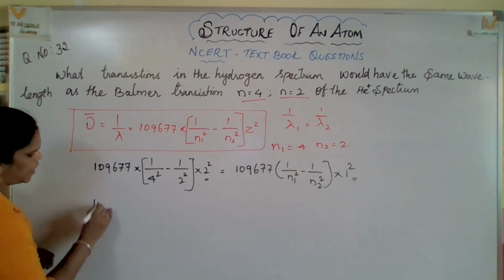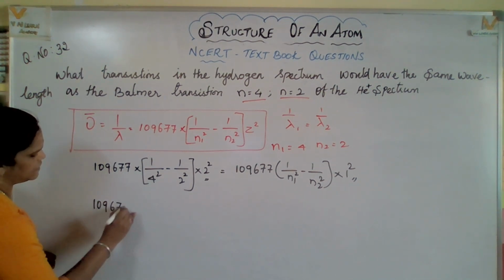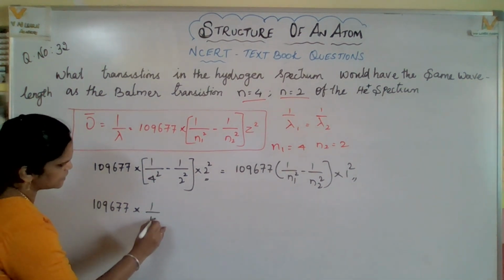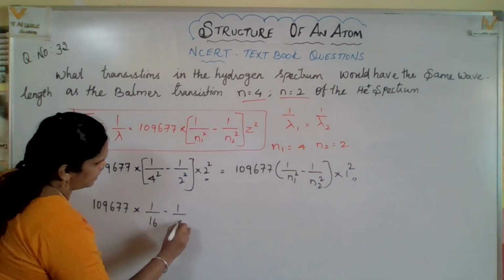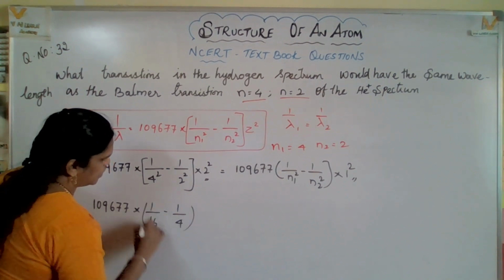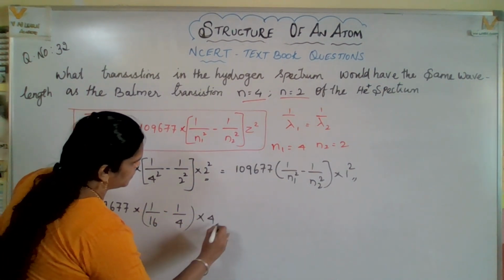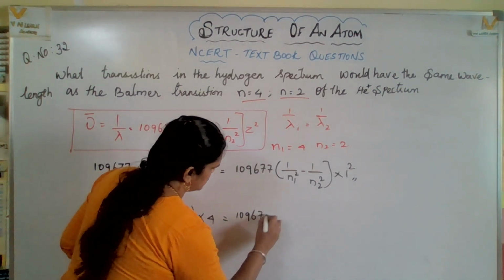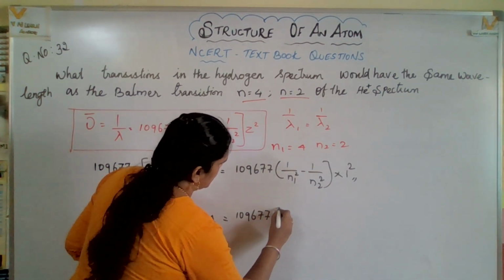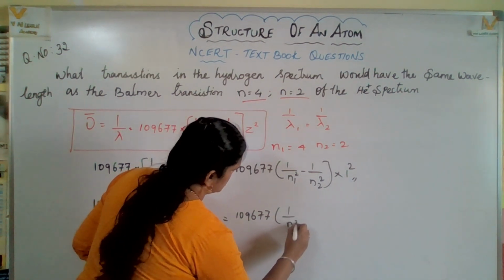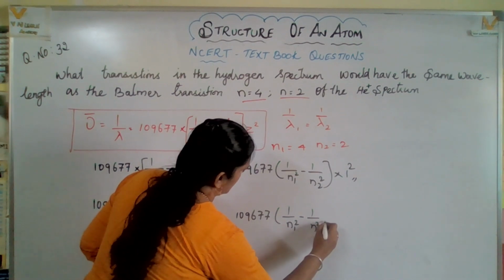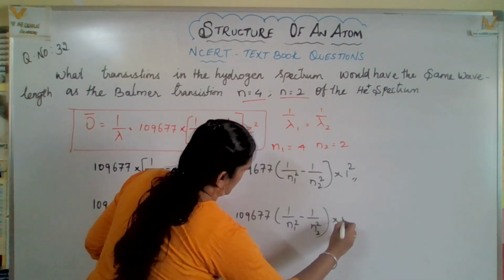So here, 109,677 into 1 by 16 minus 1 by 4 into 4 equals 109,677 into 1 by n1 square minus 1 by n2 square into 1.